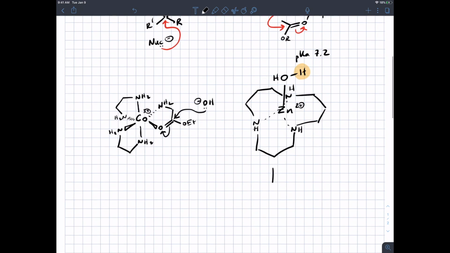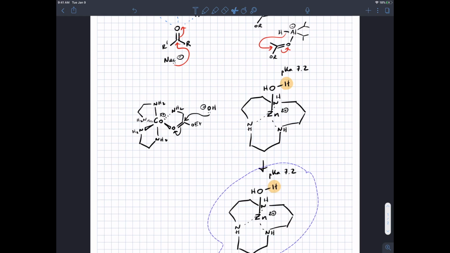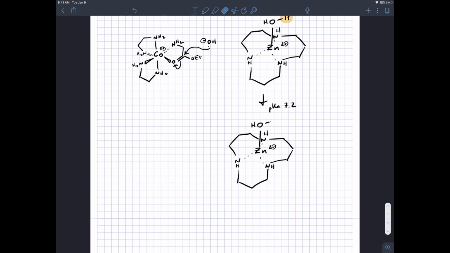So then it becomes easy for that water to lose its proton even at neutral pH, and then you've got a fair amount of negatively charged hydroxide that is available to do chemistry. Presumably, in order for it to do chemistry, it would have to ultimately leave the zinc, and the extent to which it does that might limit or accelerate its usefulness as a catalyst.